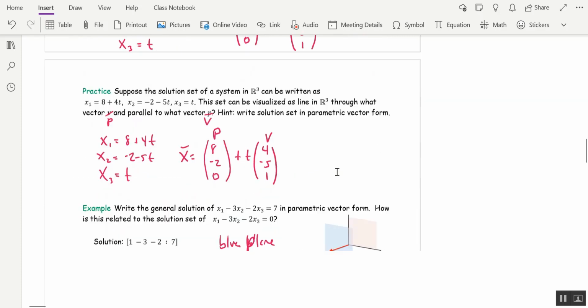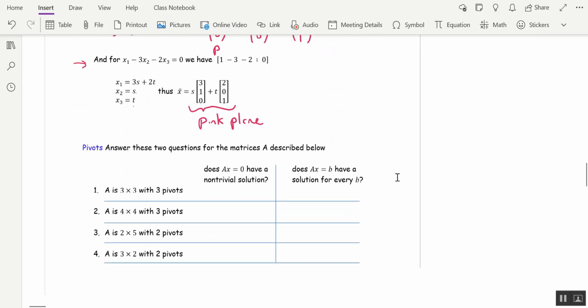So let's scroll down. We've got a 3 by 3 matrix. A is 3 by 3. It's got 3 pivots. Does Ax equal 0 have a non-trivial solution? All right, if there's 3 pivots, that means the coefficient matrix has 3 pivots, there's 3 variables, that means there's no free variables.